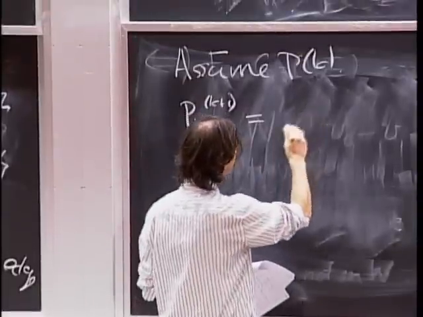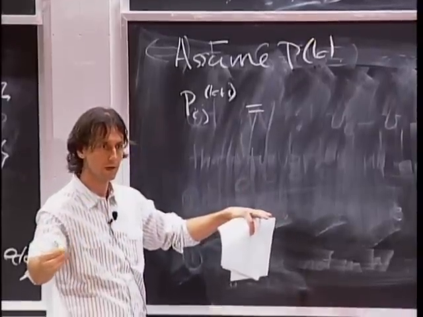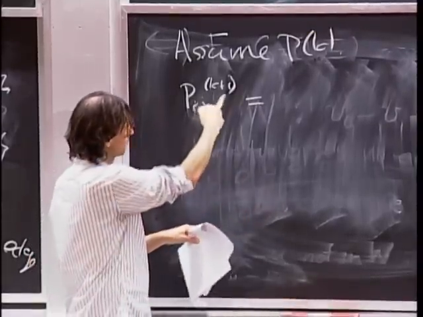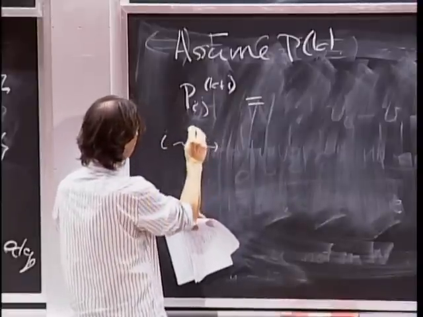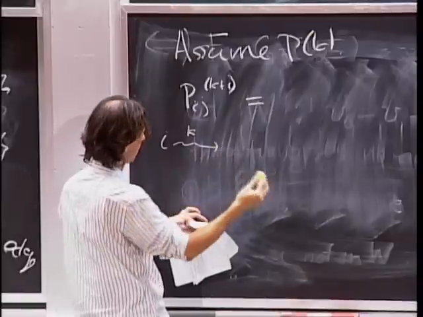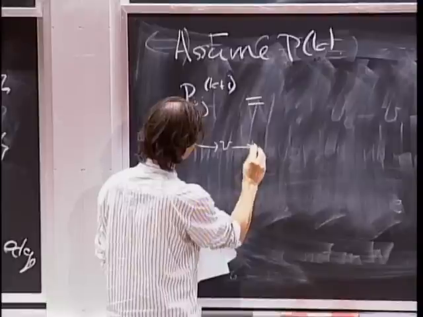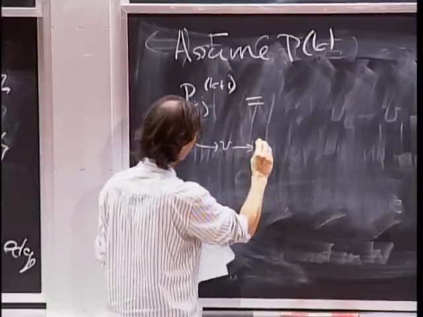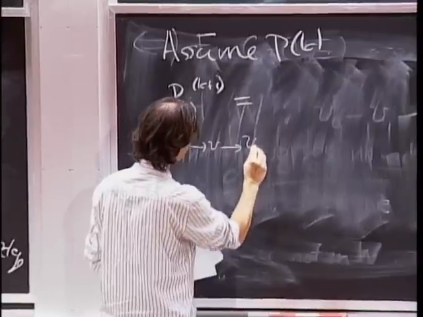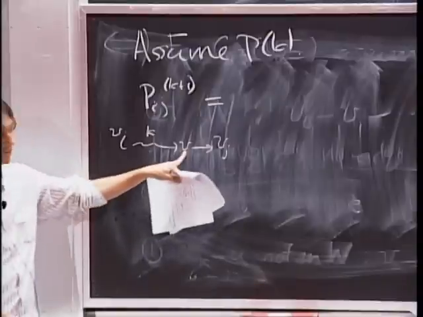So what you're essentially saying is that you can enumerate all the walks of length k plus 1 by first going from i in, say, k steps to whatever V, and then in one step to V_j. So let's write this down, because V can be anything.